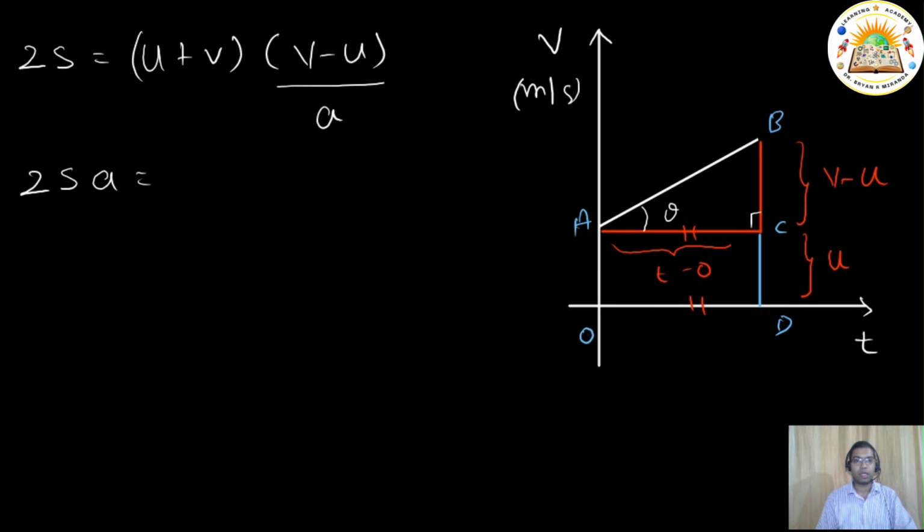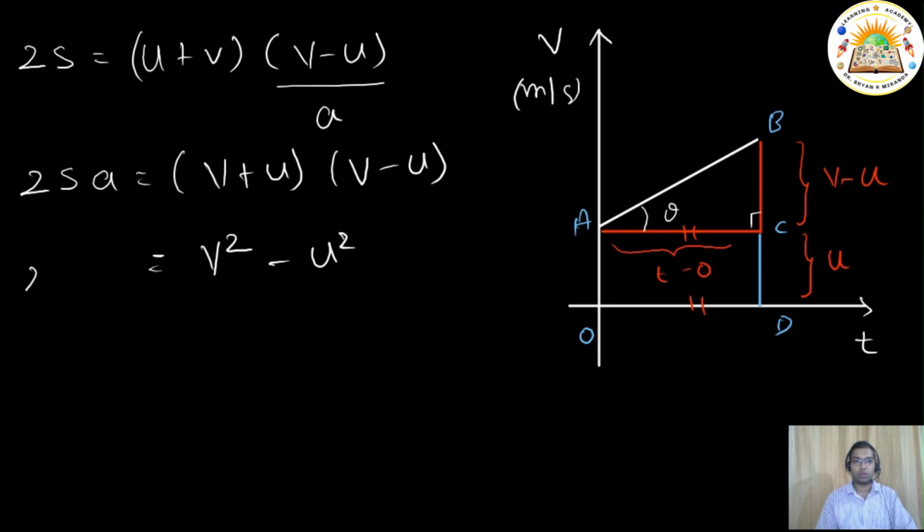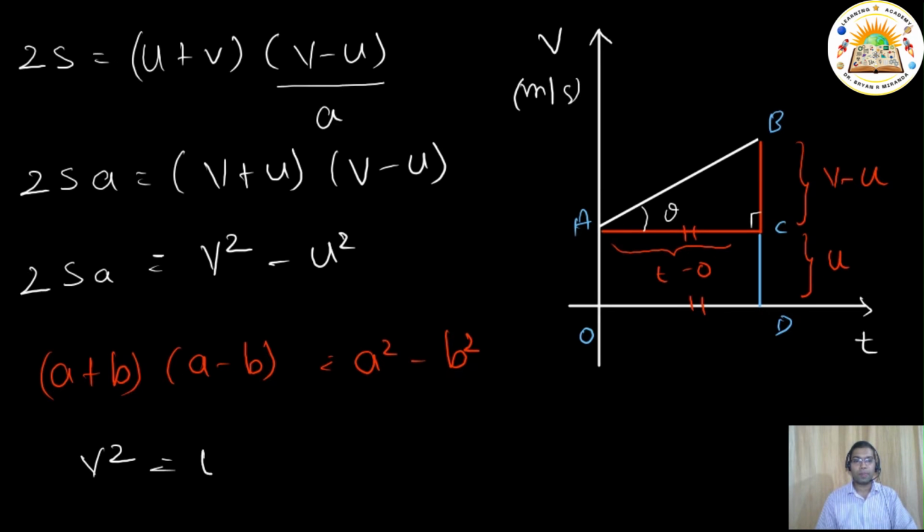So 2SA is equal to (V plus U) into (V minus U), which is nothing but V square minus U square, using the identity (A plus B) into (A minus B) is equal to A square minus B square. So our final equation is going to be V square is equal to U square plus 2AS.